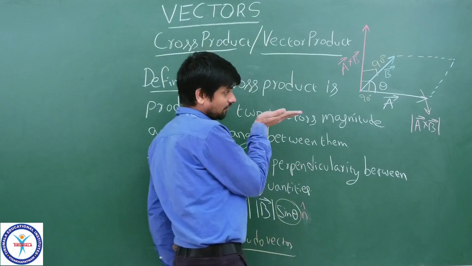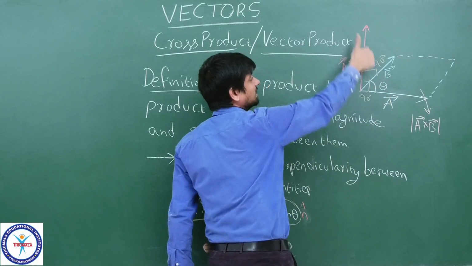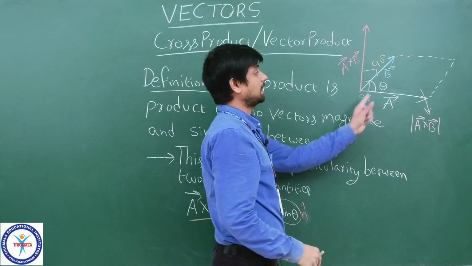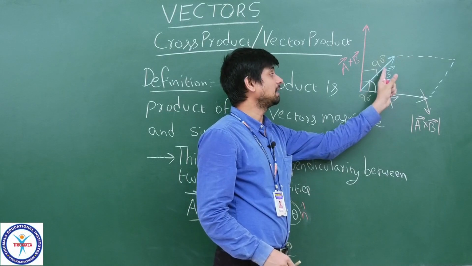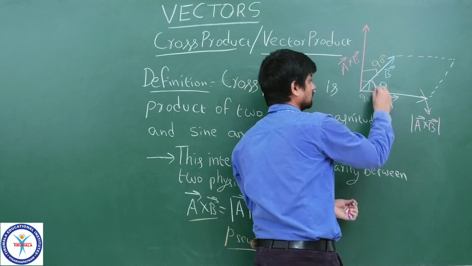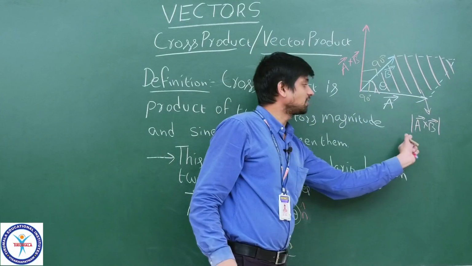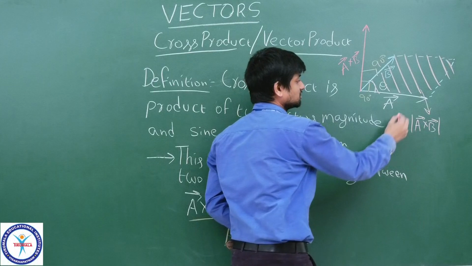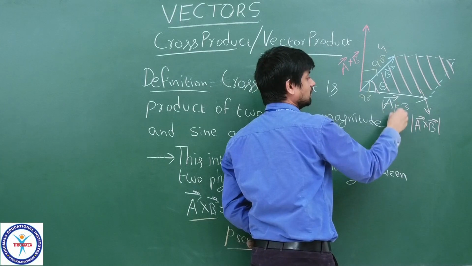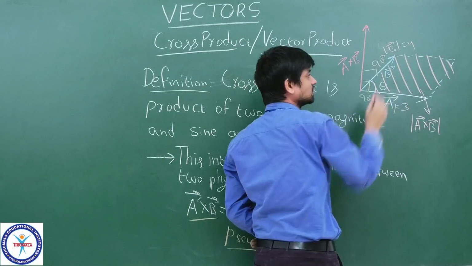You can see here vector A, curl it towards B and open, you will get the vector A cross B. The magnitude of this is equal to the area of the parallelogram formed by the vectors A and B. Children, if modulus A is 3 and modulus B is 4, 3 4s are 12.